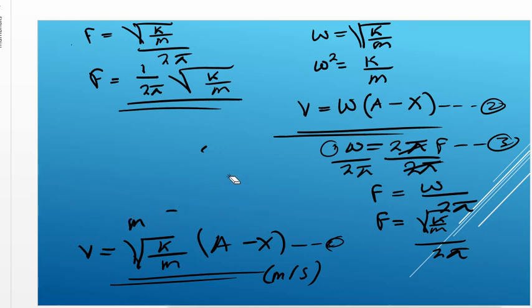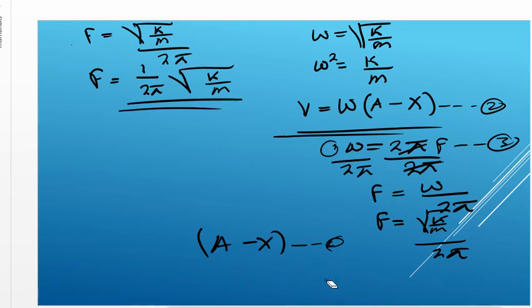Now another formula that I want to show you. Let's try to relate everything now to the period. Now we know that period is just inversely proportional to the frequency. So we're saying that the period is equal to 1 over the frequency.